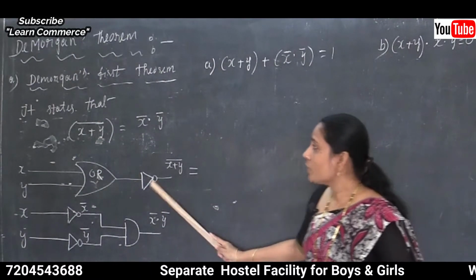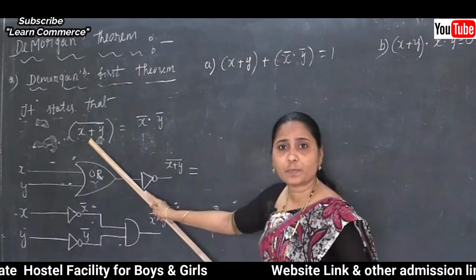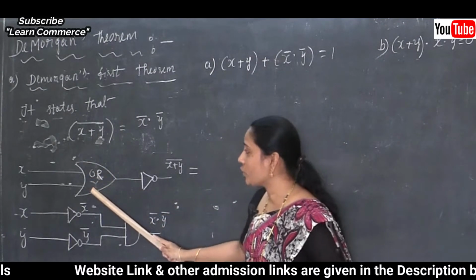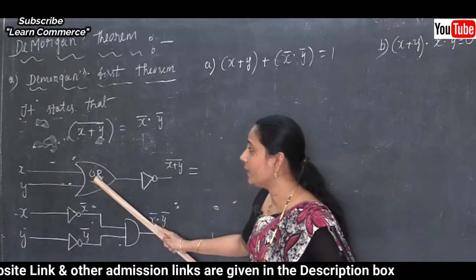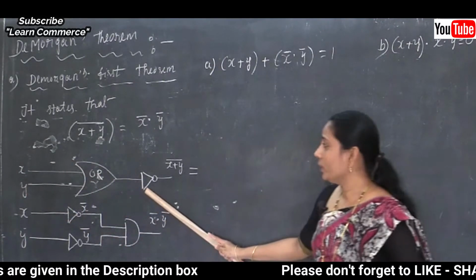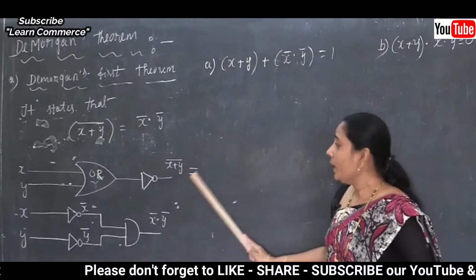Again I am going to repeat the left hand side, that is the complementation of x plus y. Just I am going to complete the symbol for the left hand side, that is x OR y, NOT, that is equal to complementation of x plus y.